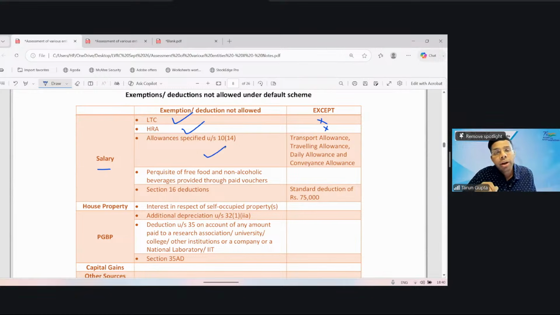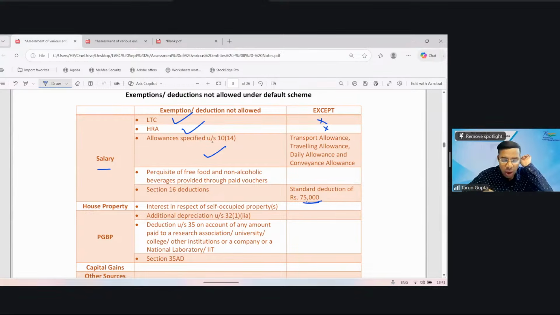Allowances under section 10(14) are not allowed except the 4 allowances. The first 3 are similar: travelling, daily, and conveyance. And the 4th one is transport allowance to the handicapped. Purchase of free food or non-alcoholic beverage provided by the employer is not allowed under the new regime. Then section 16 deductions are not allowed except the standard deduction of 75,000.